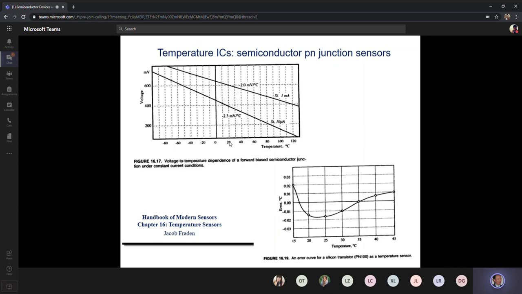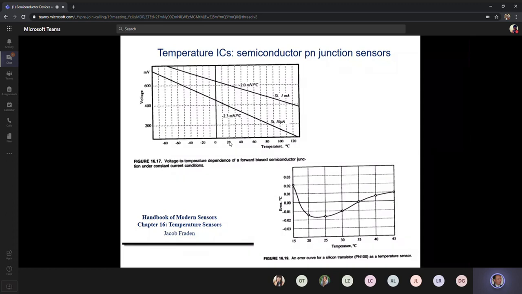Okay, the sensitivity, this is the voltage to temperature dependence. So it is a good sensor that is able to provide a voltage depending on the temperature of the material.